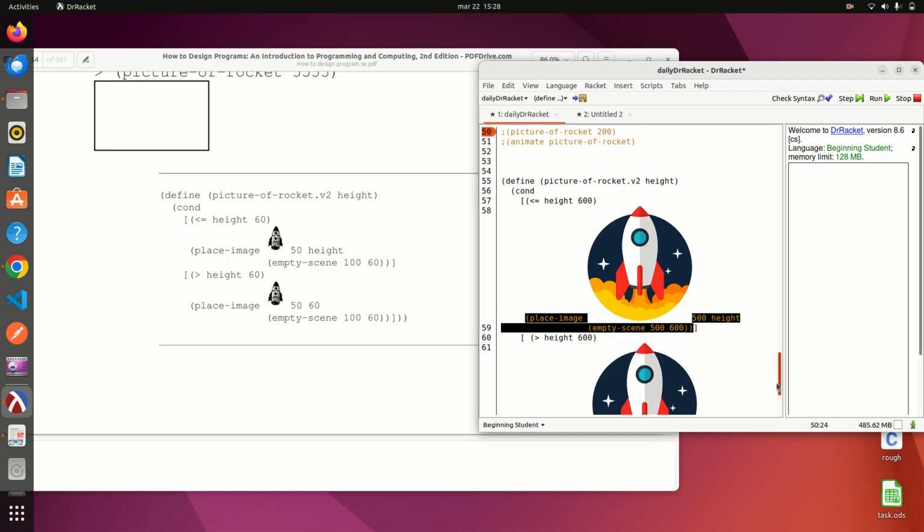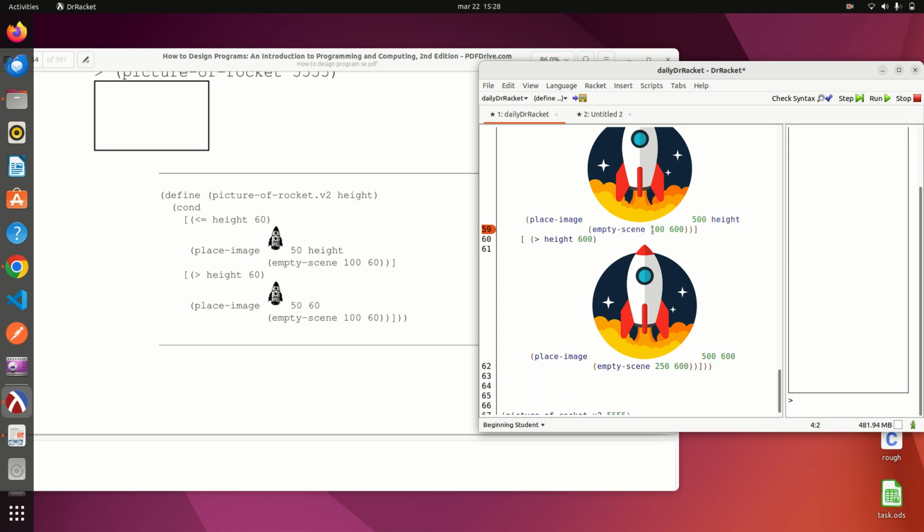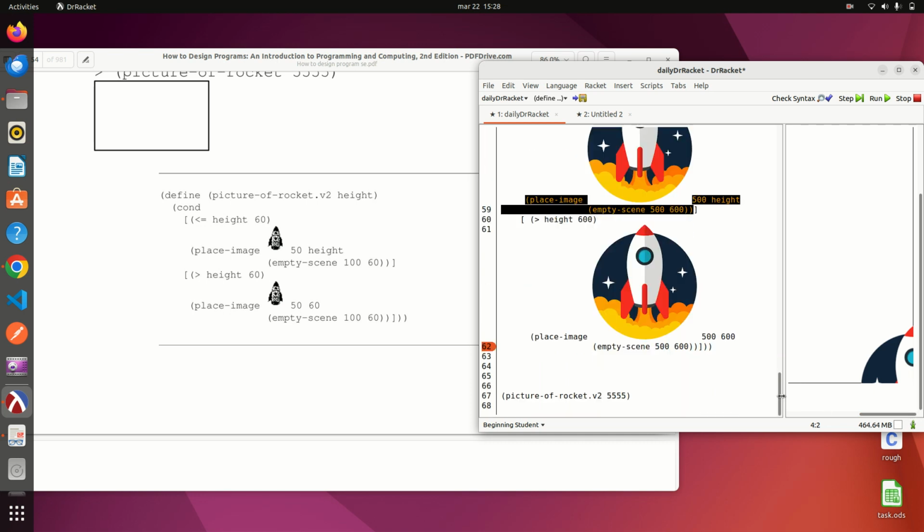Yeah, I'm running low on battery as well. And now I messed up the older one. Oh man, this was 500, 600. Yeah, so let's do this to be 1000.